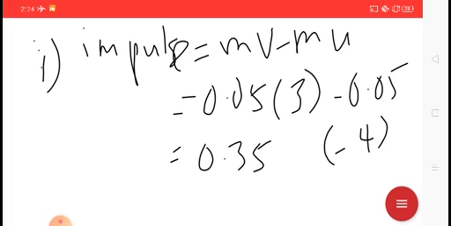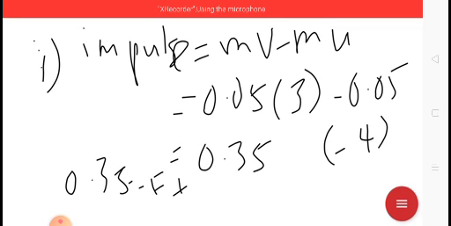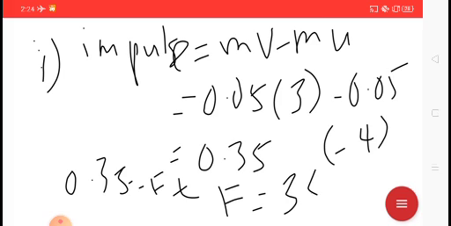In this situation, impulse is equal to Ft. So 0.35 is equal to Ft, and t equals 0.01, so F is equal to 35.